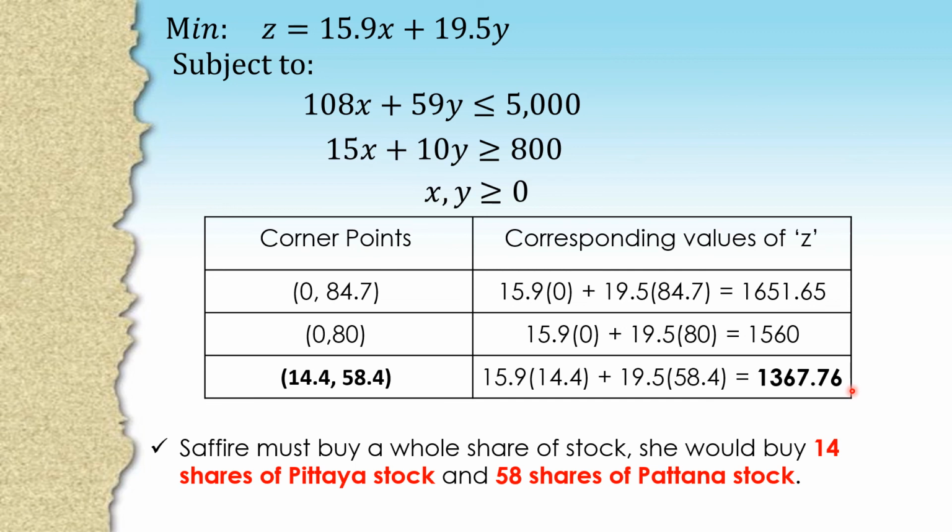And we will choose the lowest value because we are under a minimization problem. So we always choose the lowest when it comes to a minimization problem. So Sapphire must buy a whole share of stock. She would buy 14 shares of Pitaya stock and 58 shares of Patana stock.